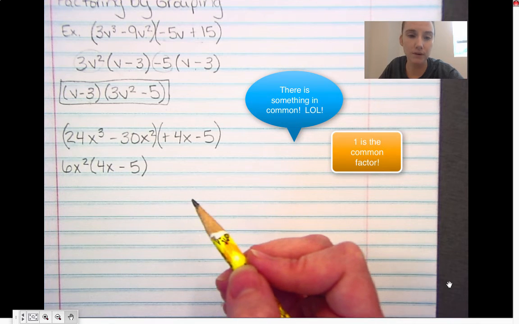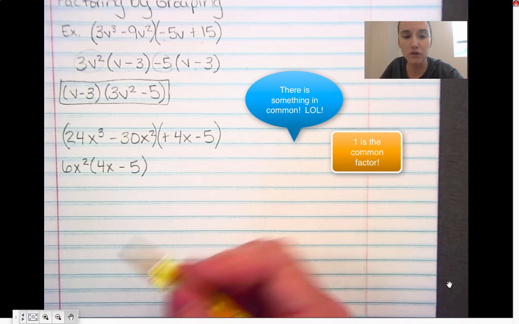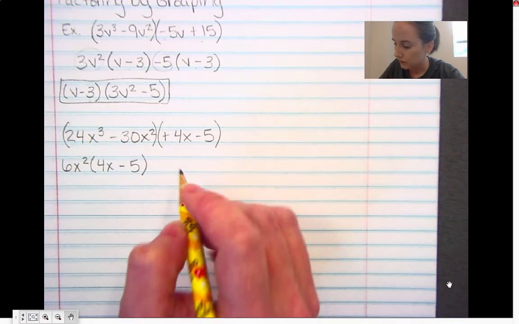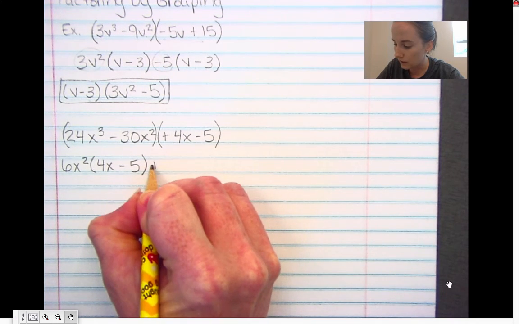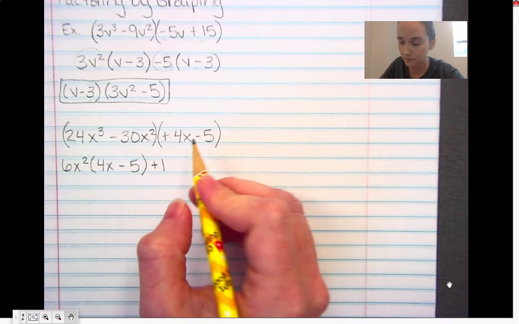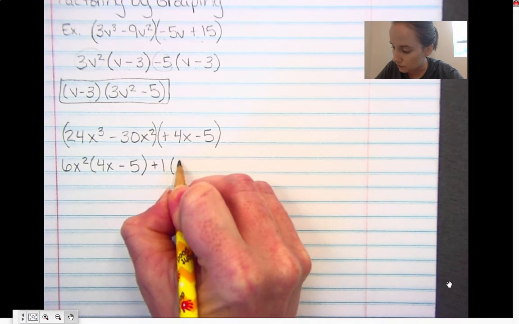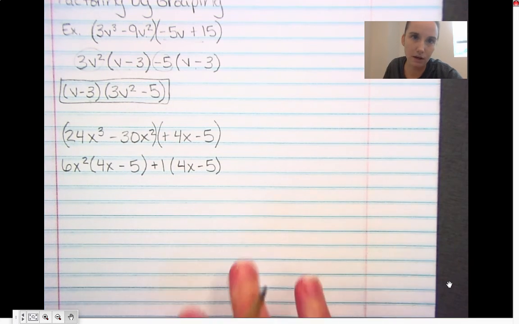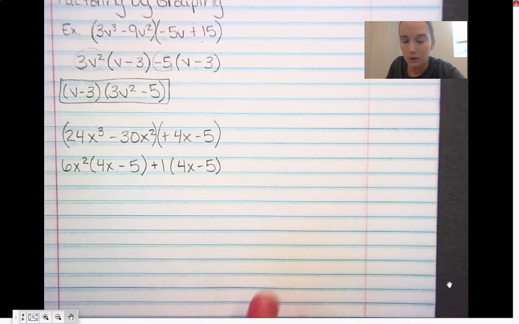It is very important that you factor out the 1 because you need to generate this if you were multiplying it back out. So I'm going to say positive 1 because I don't need to change a sign. And what's left is 4x minus 5 because I didn't really divide by anything. I divided by 1.